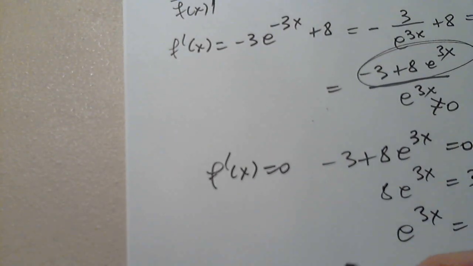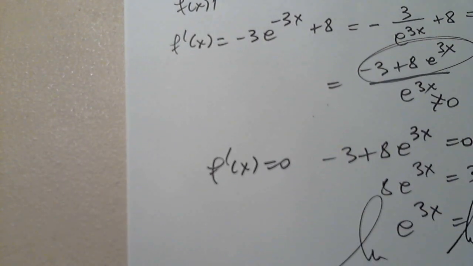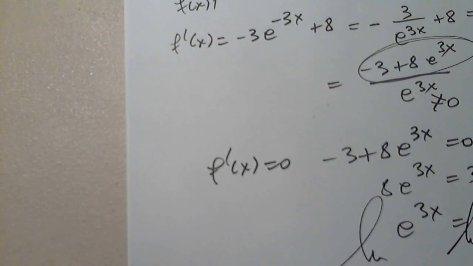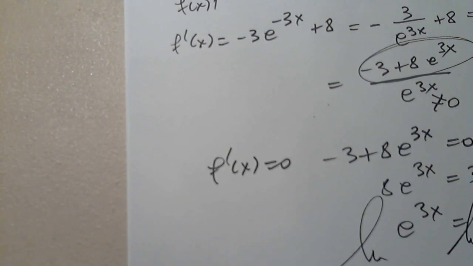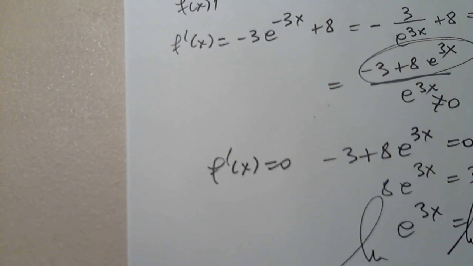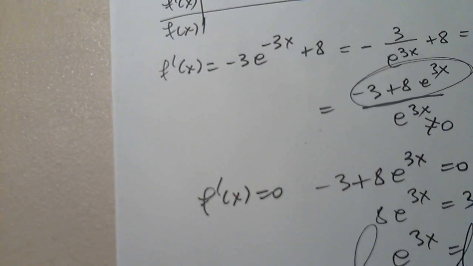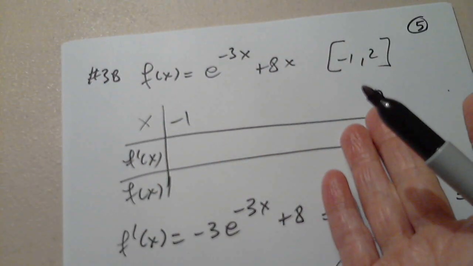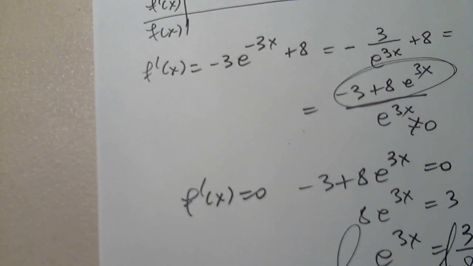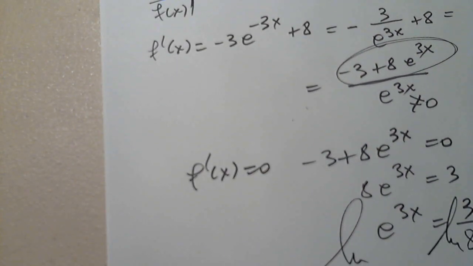I hope you remember that we need to apply natural log to both sides and bring 3x down, which gives natural log of 3 over 8 equals 3x, so x equals natural log of 3 over 8, divided by 3. I have to approximate it, because I don't know if it belongs here or not. I have no choice. I have to find an approximation for x.